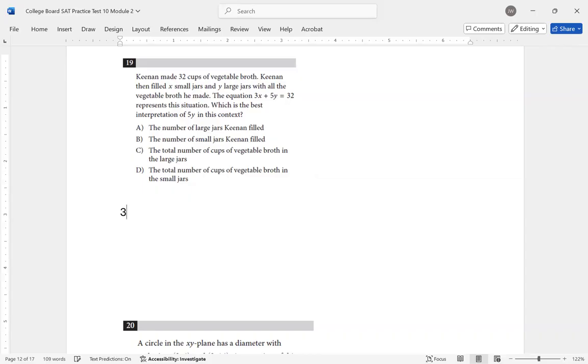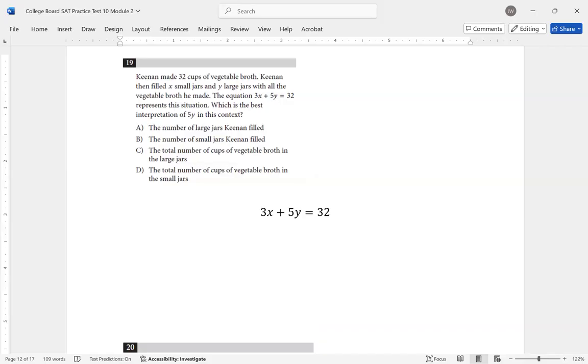So what it's looking like is that y is the number of large jars. So y equals number of large jars.